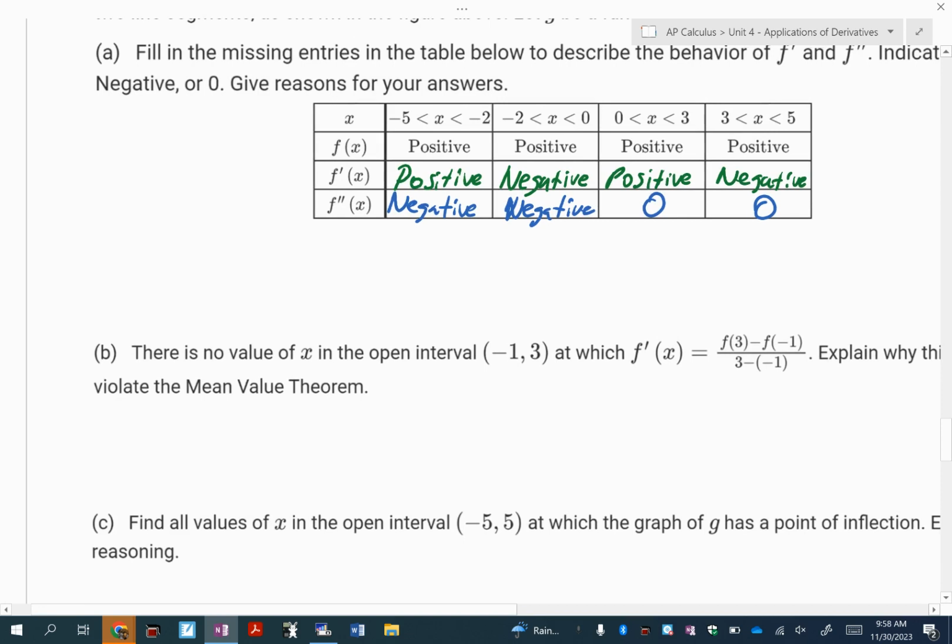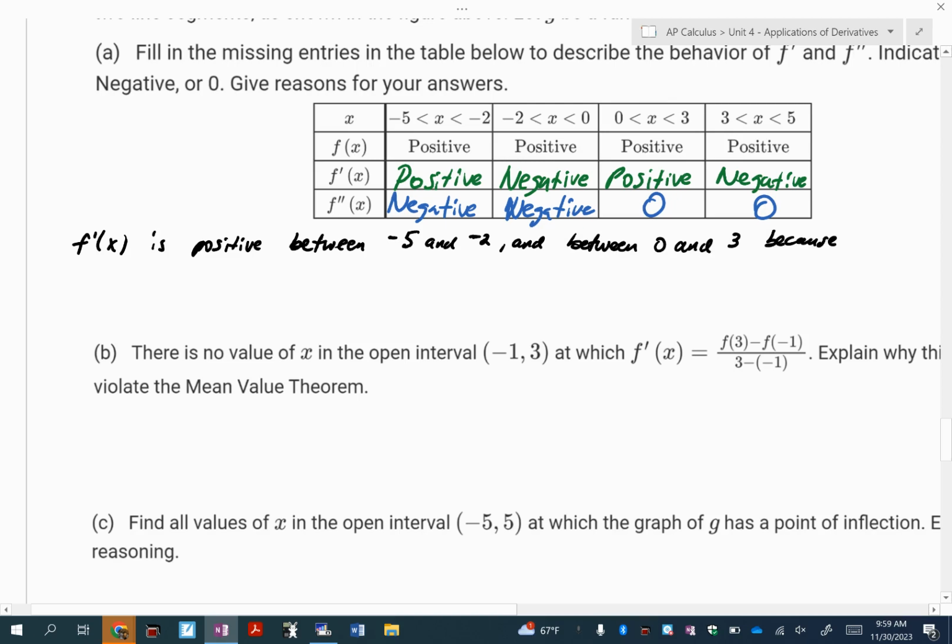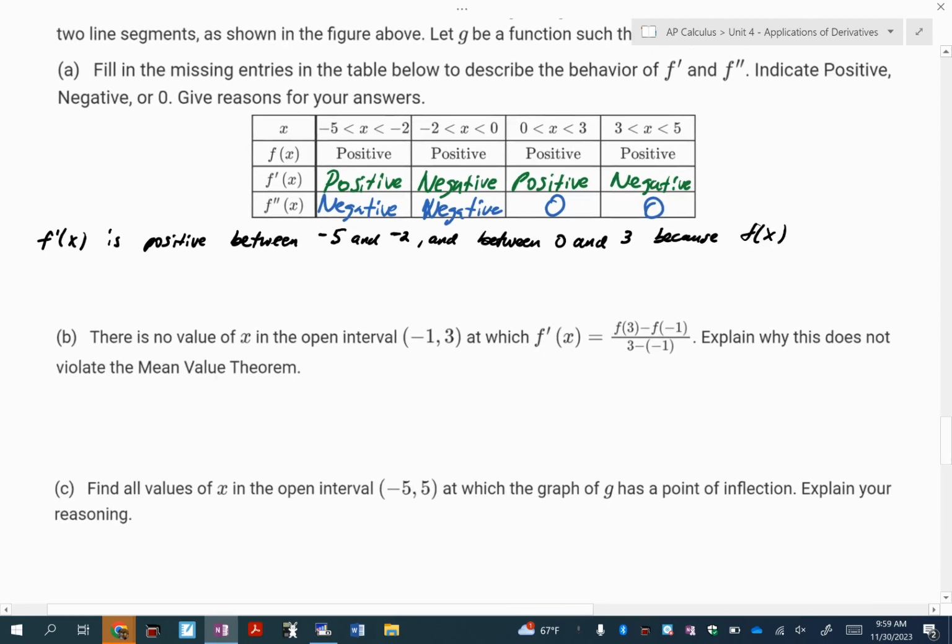All right, so I wrote that f prime of x is positive between -5 and -2 and between 0 and 3 because f of x is increasing.